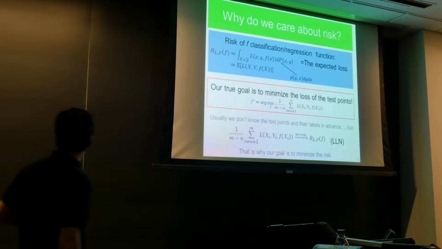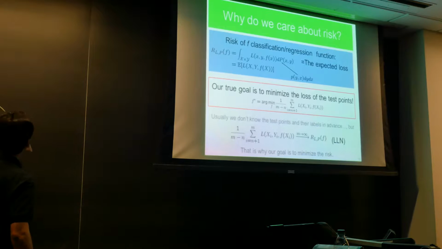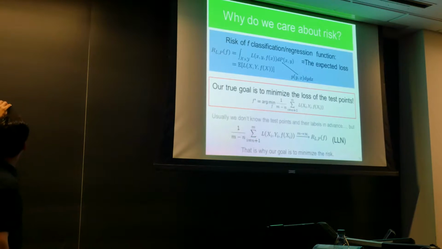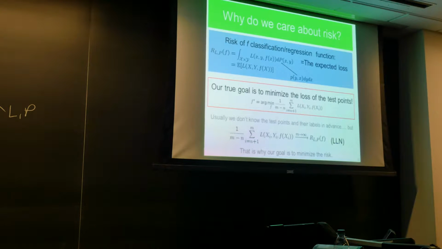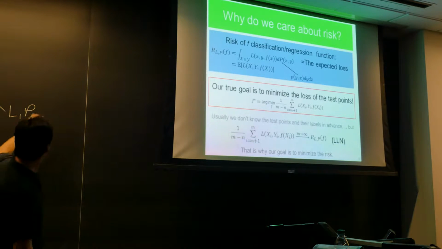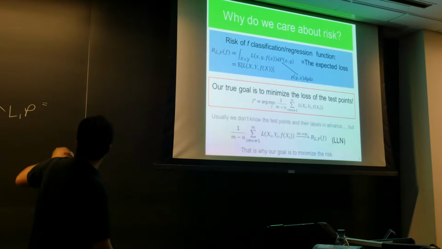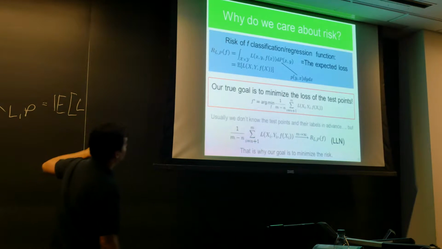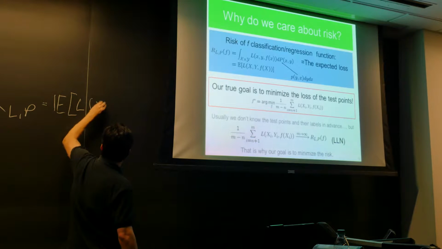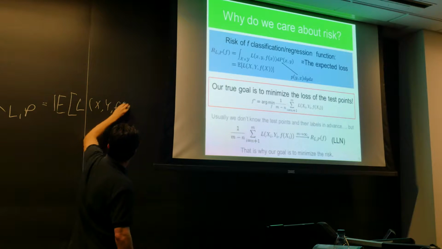Okay, so notation: the risk belonging to the loss and the joint distribution of x and y is defined as the expected loss of x, y, and f of x.